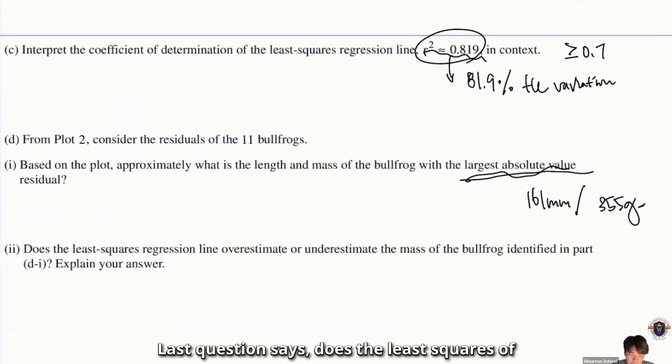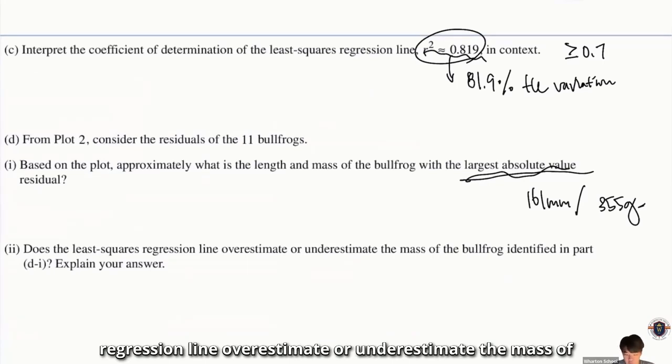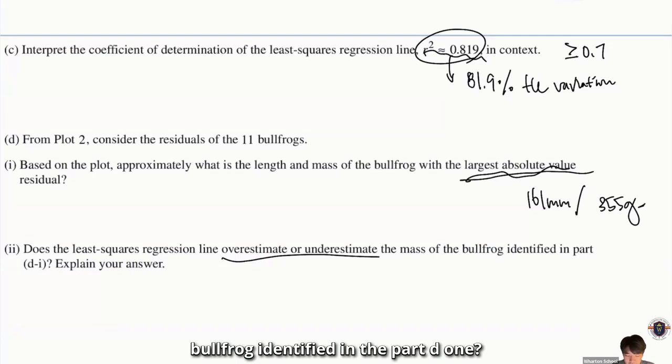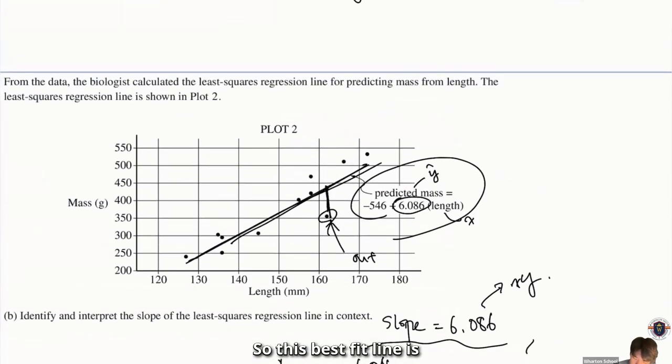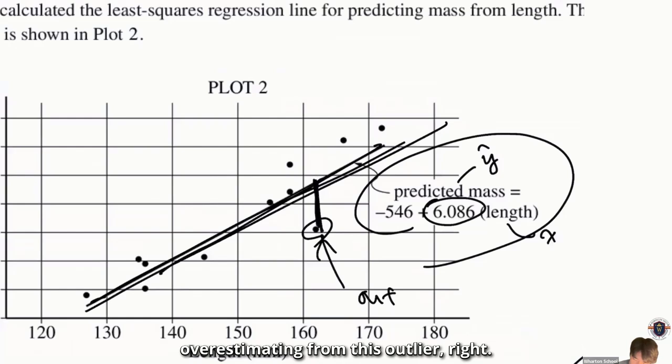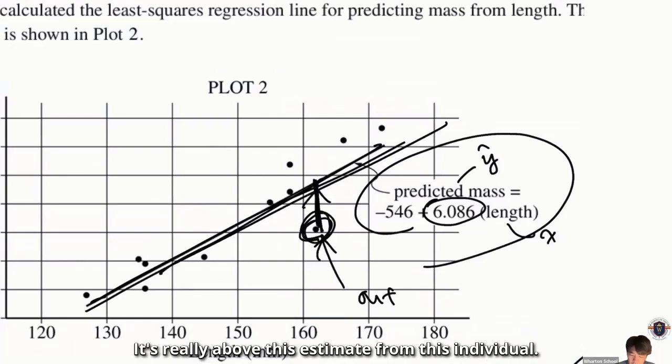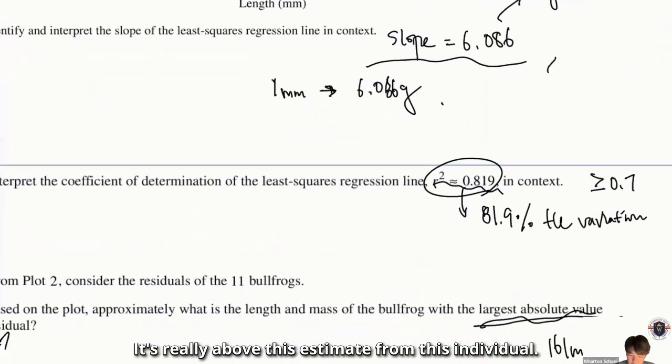The last question says, does the least squares regression line overestimate or underestimate the mass of the bullfrog identified in the previous part? This is an overestimate. The best fit line is overestimating for this outlier; it's really above the actual value for this individual.